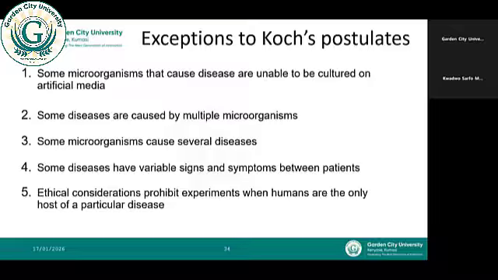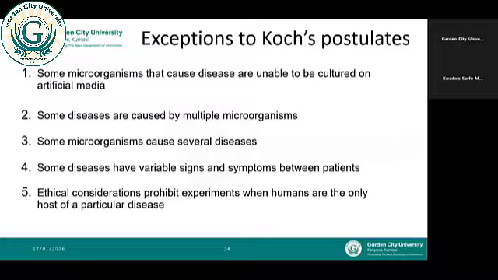Then we have some organisms that cause several diseases. So you could have a bacterium that is causing meningitis. The same bacterium is causing cardiovascular infections or disease. The same bacterium is causing blood-borne infections. So this is an exception to Koch's postulates. You can have a urinary tract infection caused by a bacterium.